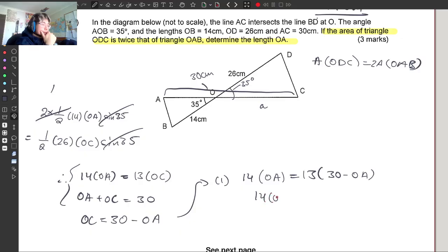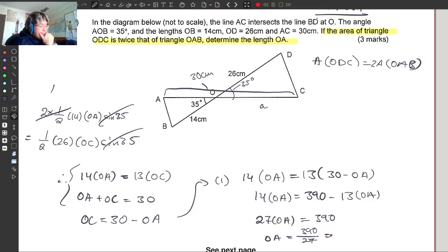This gives 14 OA equals 13 times 30, which is 390, minus 13 OA. Therefore, 14 OA plus 13 OA is going to be 27 OA is equal to 390. Dividing both sides by 27 will then give us 14.4 recurring.